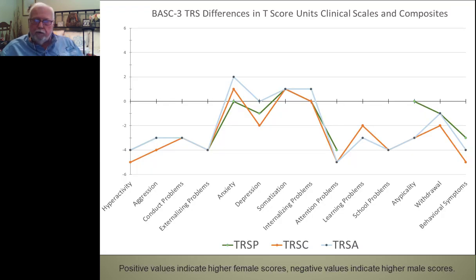I'm going to do this as quickly as I can, because you all know that boys differ from girls. If we look at these scales, as you go across here, if the line is above that center black line at 0, it means that boys are earning higher scores.